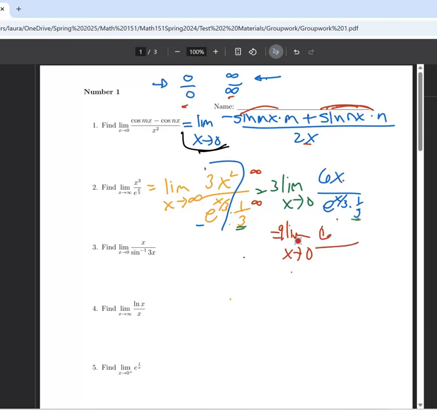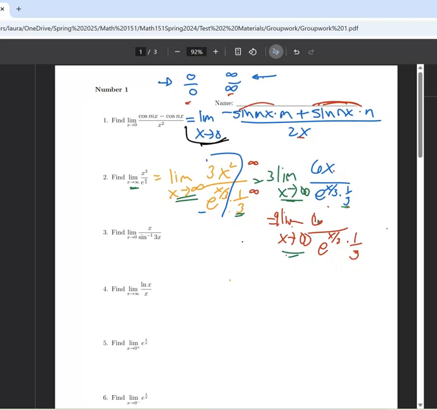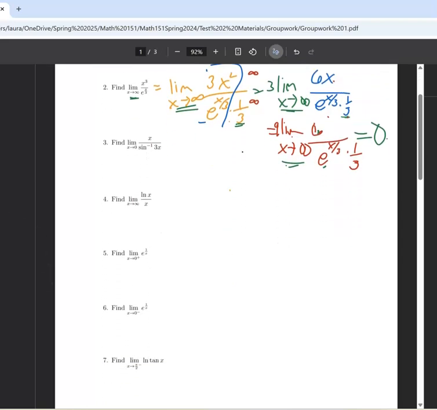Take the derivative, 6 over e to the x over, sorry, that's really messy, e to the x over 3 times another 1/3. And now oh gosh, I didn't, so that's another thing I was going to warn you about, is that it's really easy to change what the limit is by mistake, right? So limit as x goes to infinity. Now I finally get a number over infinity, so the answer is 0.